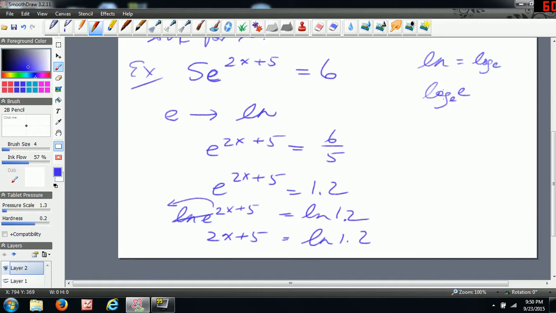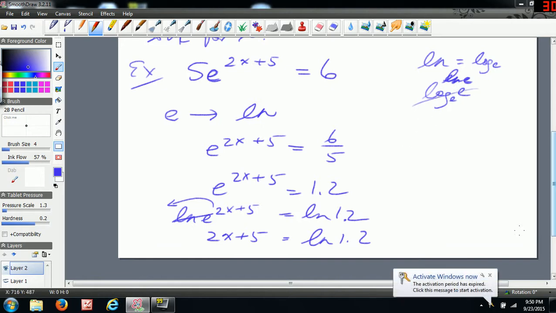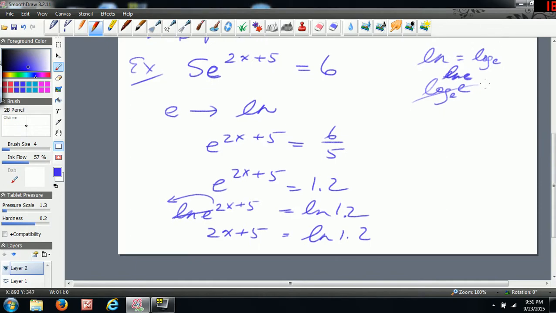So when we have ln of e, where e is just a number, as you know in mathematics, it's log base e of e, so that's why it ends up canceling out. As you remember the rules of logs, whenever you've got the base and this part as the same, that will just cancel out and equal to 1.